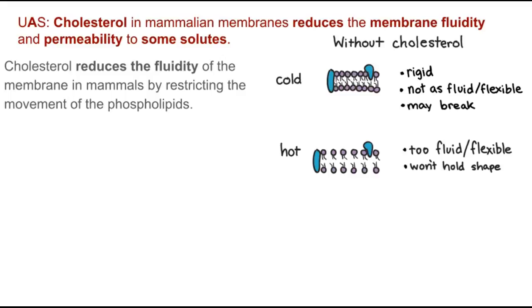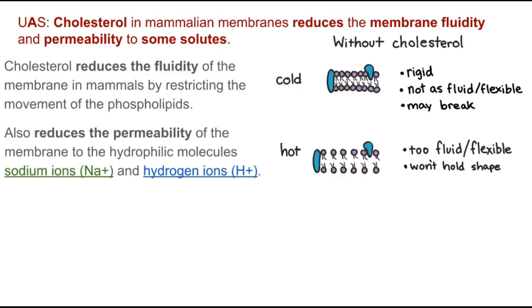So you can see here, this is a diagram taken from an outside source, that without cholesterol in the cold, the membranes might become too rigid, which means they are not very fluid or flexible, and they might actually break, obviously affecting the functioning of the cell. If it is too hot and you don't have the cholesterol, it becomes too fluid, too flexible, and it simply won't hold its shape. So cholesterol is very important for the functioning of the cell.